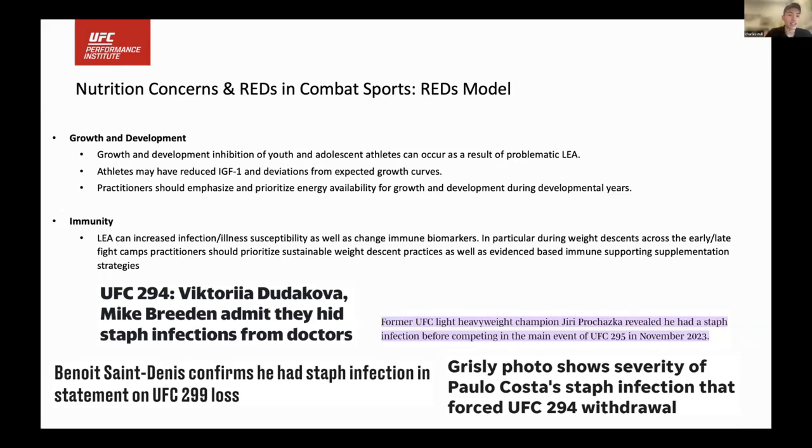And last but not least, immunity. This is perhaps one of the more hot topics within our domain right now, and an area we're investing more resources into to figure out how we can reduce the frequency of these issues.